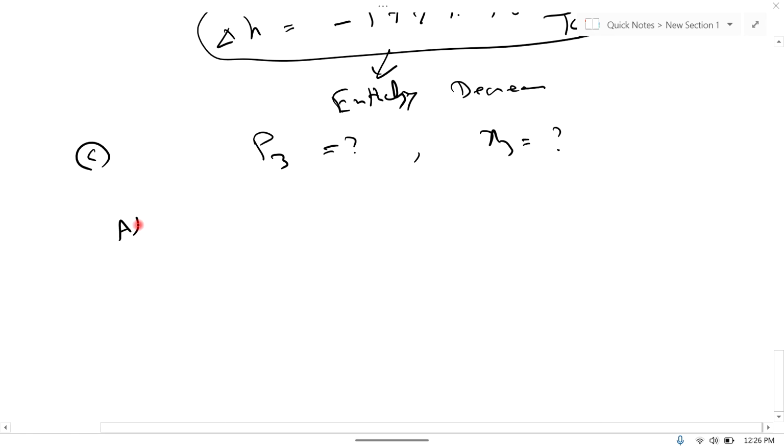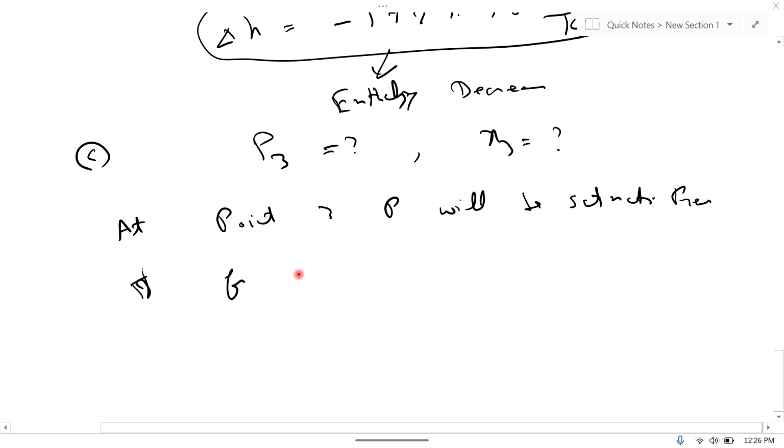For X3 we need VF and VG, because we will use the equation V3 is equal to VF plus X times VG minus VF, and V3 is equal to V2 because the piston is locked.